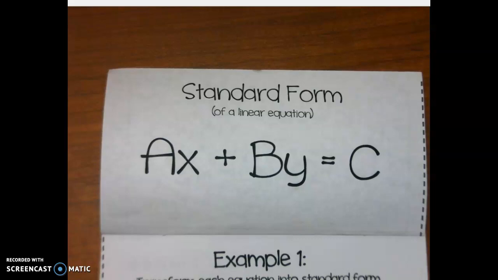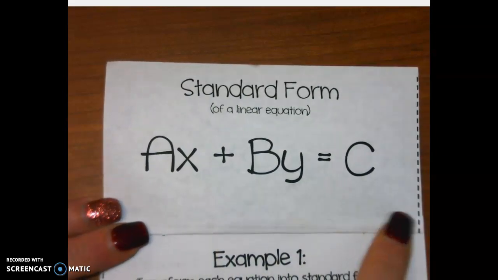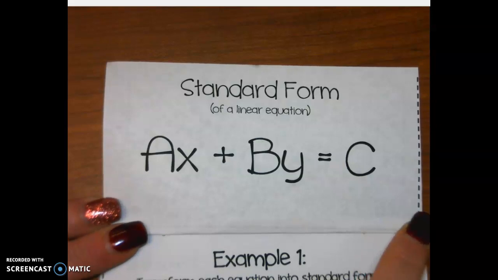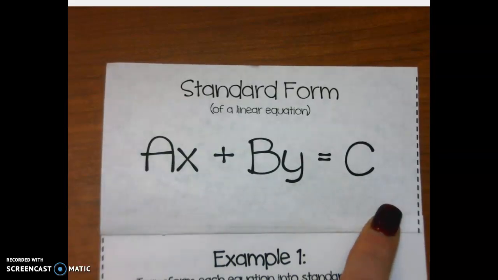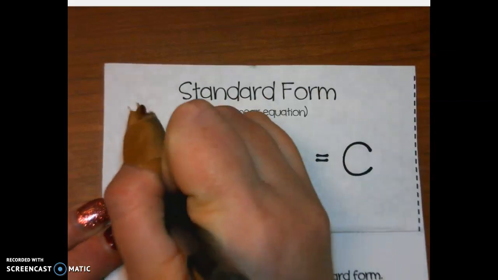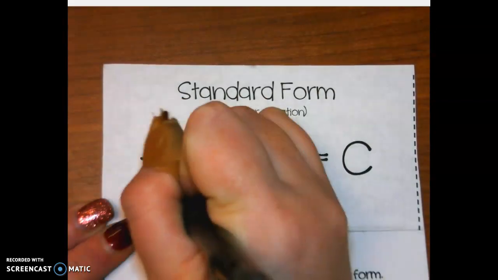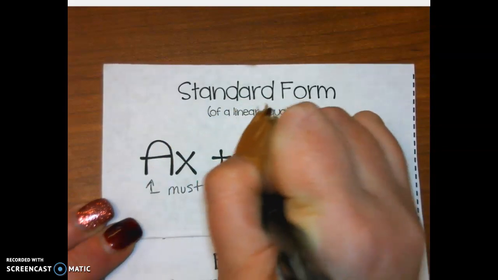Okay, so this video is about standard form. This is a different way to write the same y equals mx plus b, because sometimes you need to see it in this format. However, this format has some special rules. A must be positive.